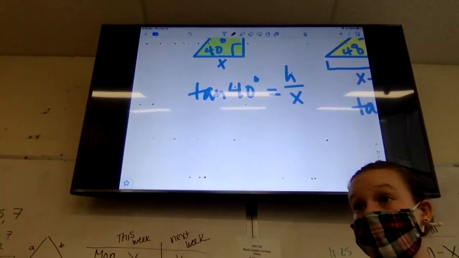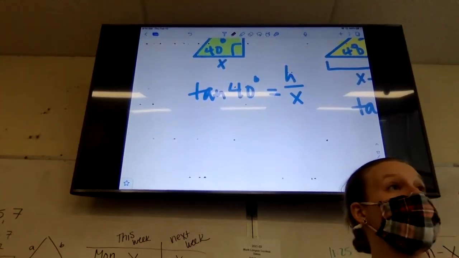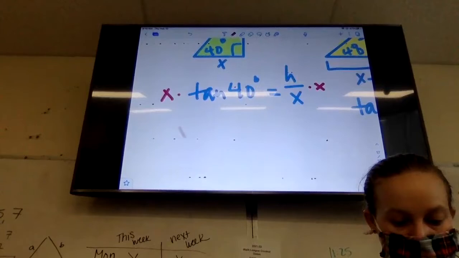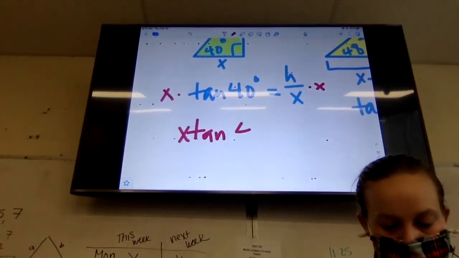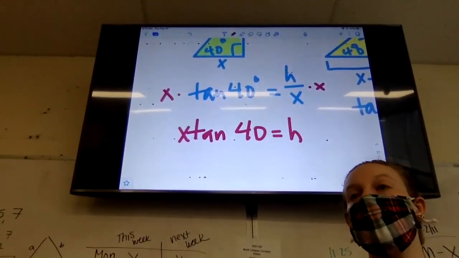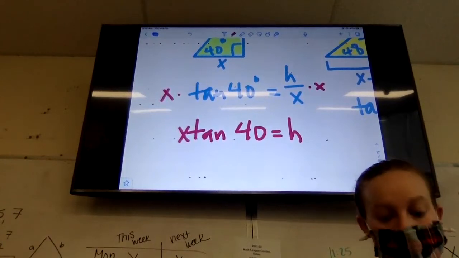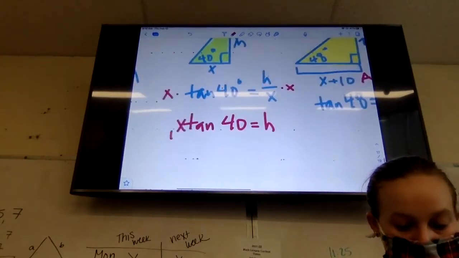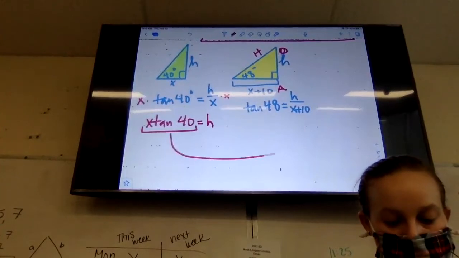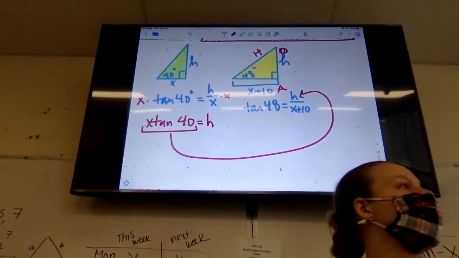The first logical step would be to do what? Multiply by X on both sides. So I've got X tan 40 equals H. Now that I have H all by itself, I can come over here and plug X tan 40 in for my H.